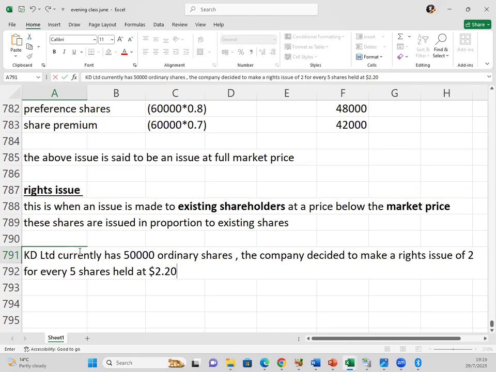The market price is $2.40, but we are selling these shares at $2.20.